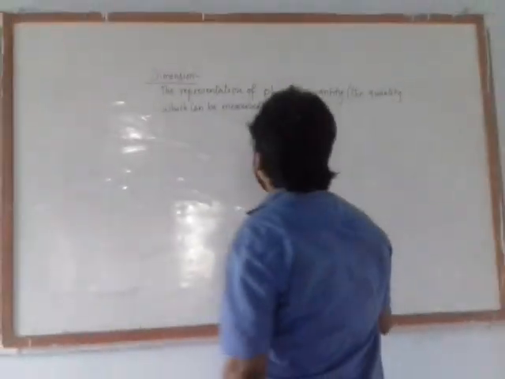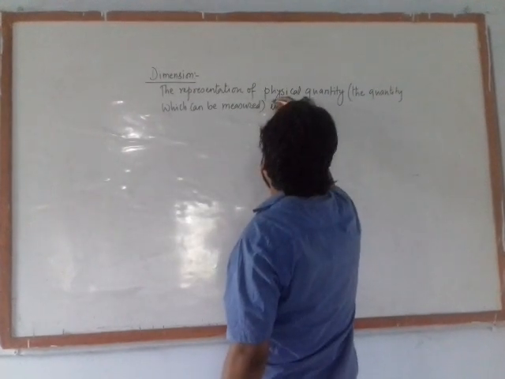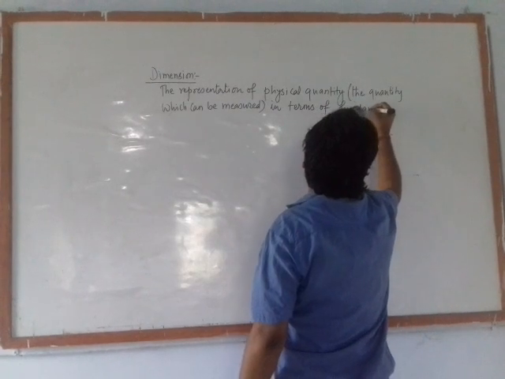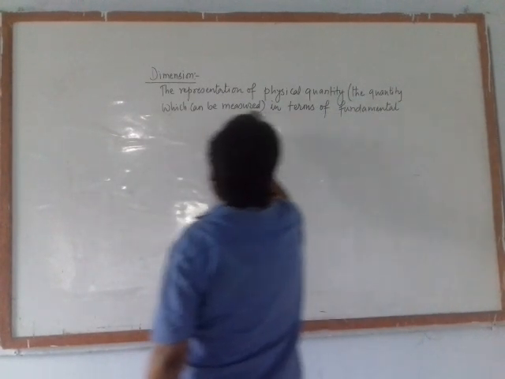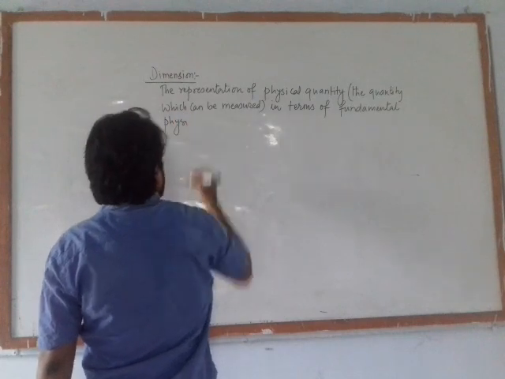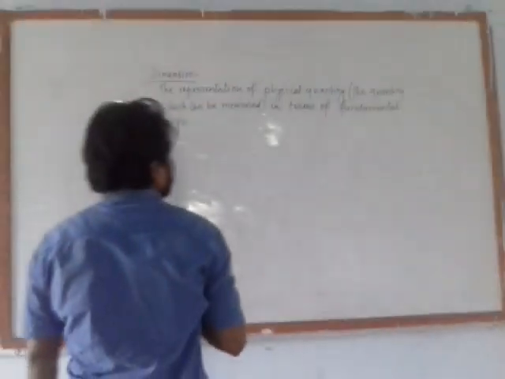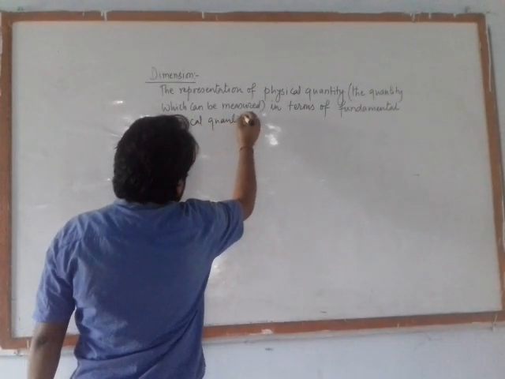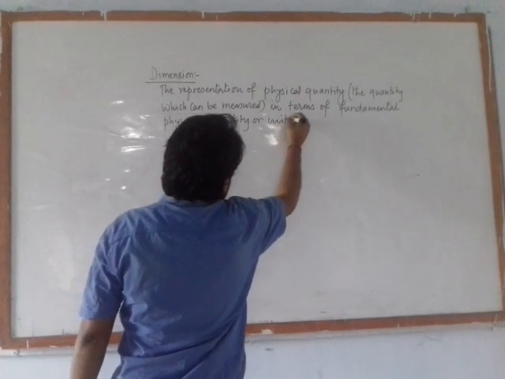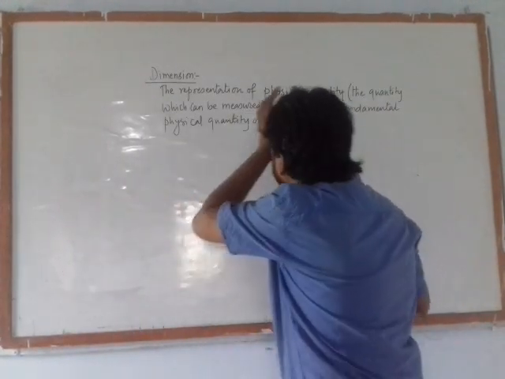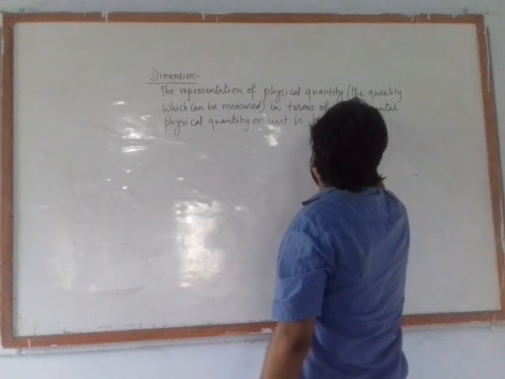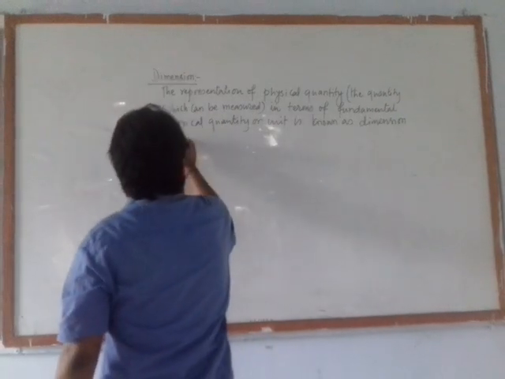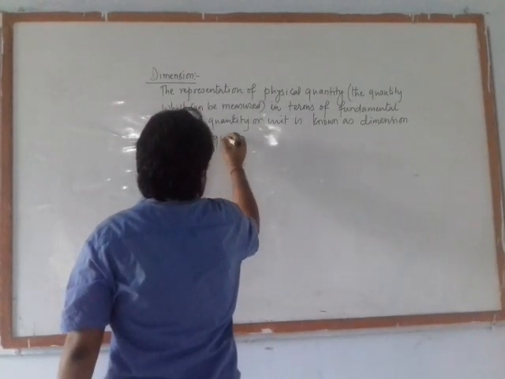The representation of physical quantity in terms of fundamental physical quantity or fundamental unit is known as dimension of that quantity.